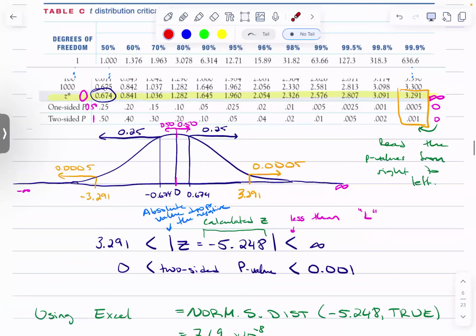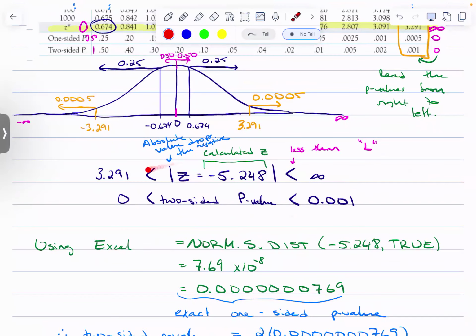Because if our default alpha level is 0.05 and our default is a two-sided test, then any z bigger than 1.96, I'm going to reject H naught, right? 1.96 is basically 2. So as a rough guideline, any z beyond 2, I'm likely going to reject H naught. Okay.